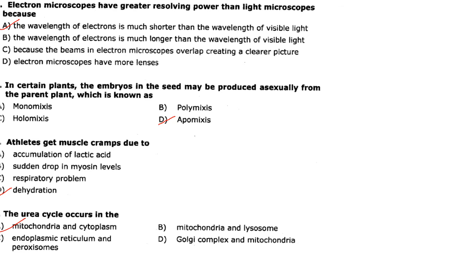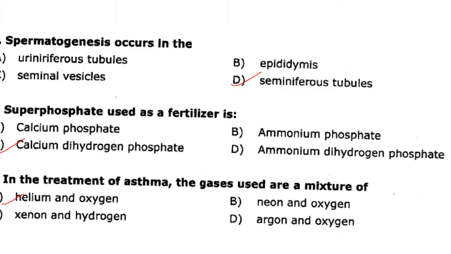Athletes get muscle cramps due to dehydration. Answer is option D. The urea cycle occurs in the mitochondria and cytoplasm. Answer option A. Next one. Spermatogenesis occurs in the seminiferous tubules.